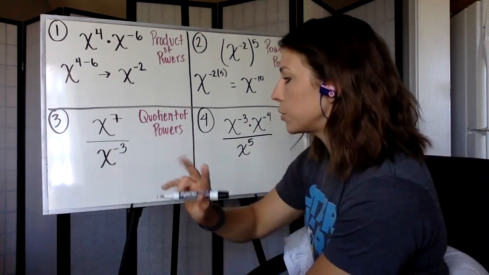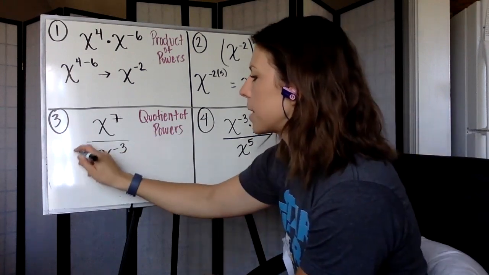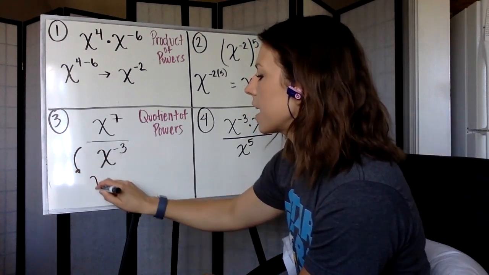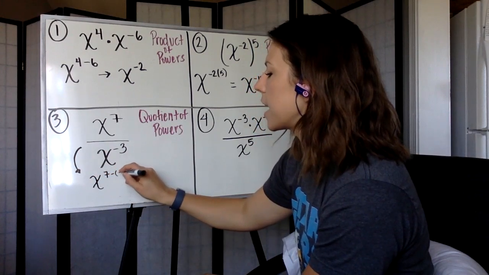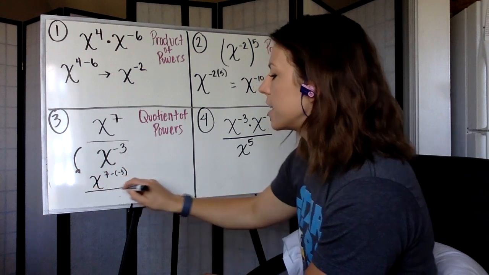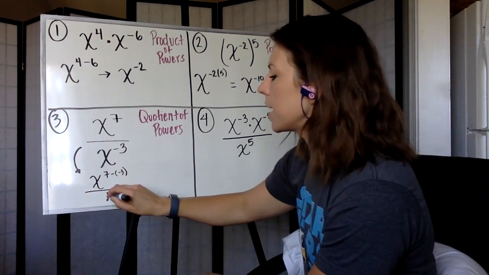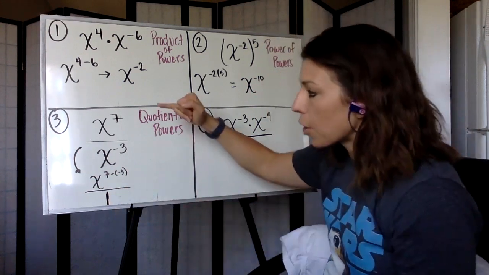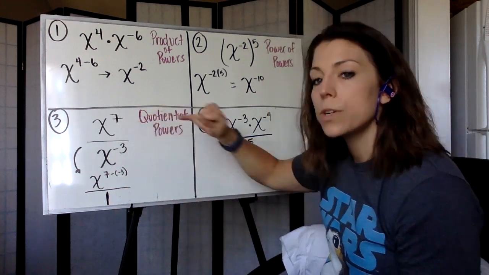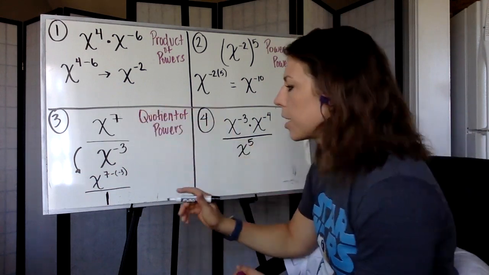So in 2 steps, first I have x to the 7 minus negative 3, and then just over 1. And I'm putting in that placeholder 1 just to emphasize that there are more x's in the numerator, which means our final answer will be in the numerator.